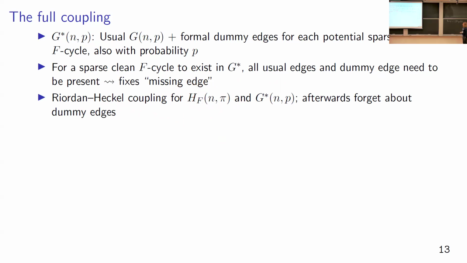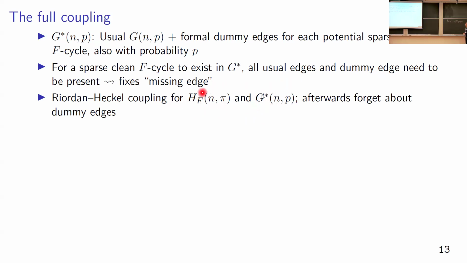So meaning you can couple the sparse clean F cycles to the sparse clean F cycles in here, where we fix the problem of the missing edge. You can couple the regular clean cycles that are not sparse with here, because you don't need any dummy edges, so the probabilities work out.